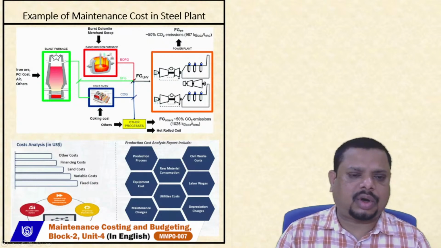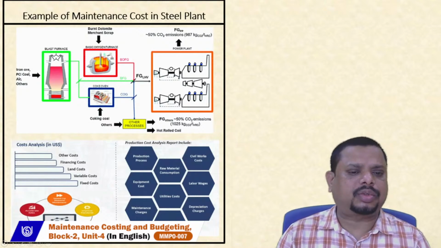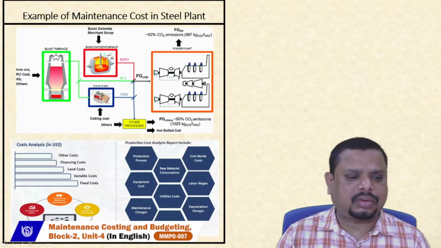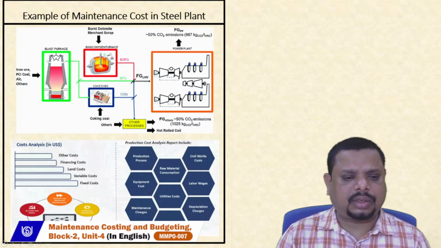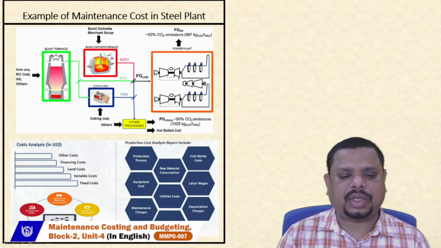If you go for cost analysis, we have other costs, like other processes. Then we have financing cost, land cost, variable cost, and fixed cost. Whenever you analyze the different costs, specifically with reference to production, if you understand this steel production system, we have the production process, equipment cost, maintenance charges, raw material consumption, utility cost, and other costs.